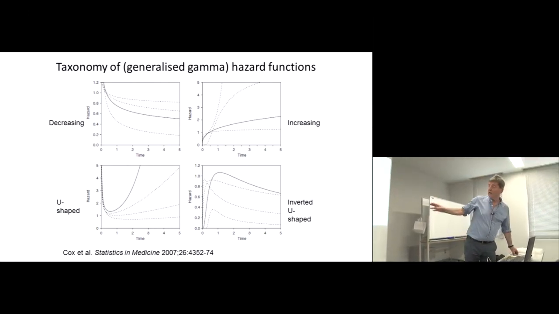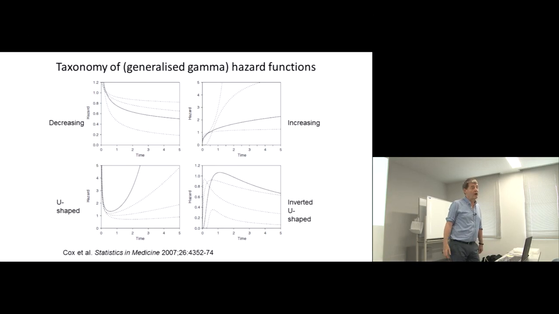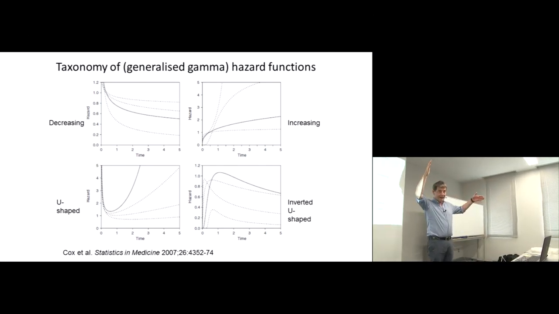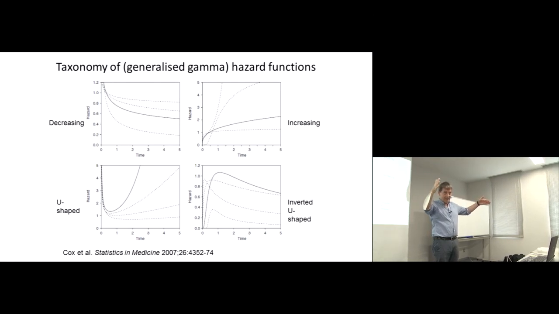There is, in fact, it's not shown here, there's one called the bathtub. And if you think of a bathtub, it's going to be a very steep decline to start with, and then more or less constant, and then increasing rapidly at the end. And so for some conditions, that makes the most sense.